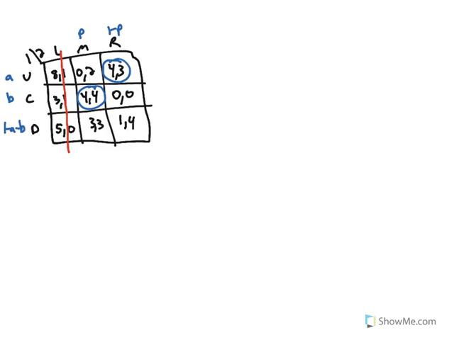Okay, so for player 1 to be indifferent between U and C requires that, let's see, U and C are part of a mixed strategy.